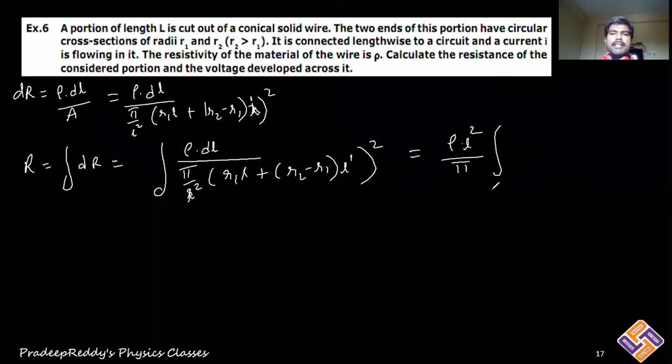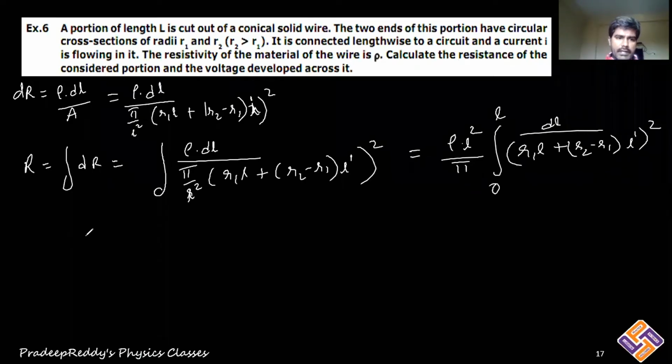Limits: you are taking a conductor like this, right? Total length of the conductor is L. Starting from this end, L is equal to 0. If you go to this end, L is equal to L. So you can take integration limits from 0 to L and substitute the remaining terms: dl divided by (R1 L plus (R2 minus R1) into L dash) whole square. This is the integrable term, and these are constants.